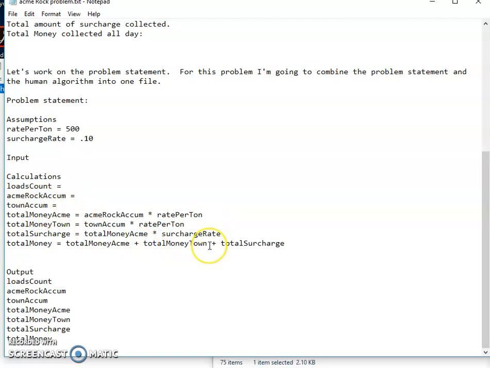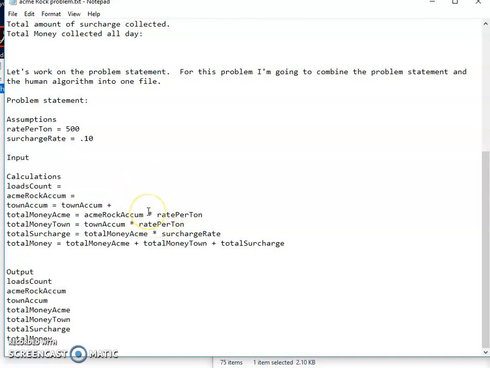So now we have two counters and two accumulators, and that is the easiest math. It's always whatever accume equals whatever accume plus whatever you're accumulating, and the counter is always whatever you're counting equals whatever you're counting plus 1. So this one is going to be town accume, Control-C, Control-V, plus, and what are we counting?